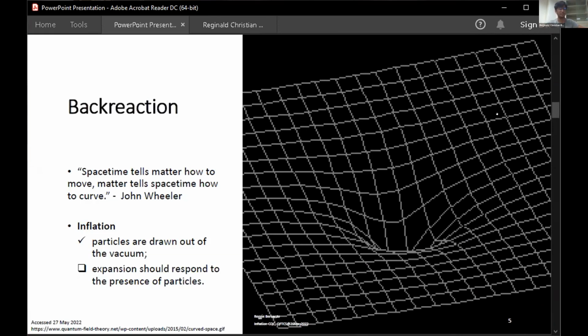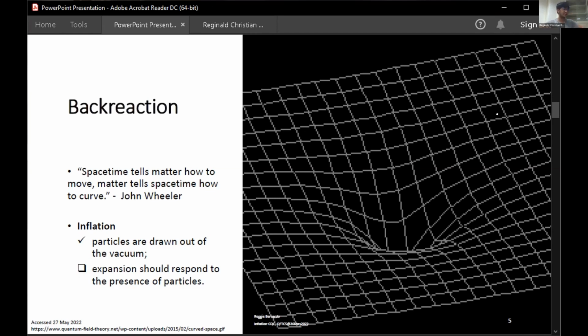And one of the most beautiful ways that captures this is by John Wheeler, when he said, space-time tells matter how to move, and then matter tells space-time how to curve. So then matter should also influence an accelerating expansion, despite how small it is. Of course, it matters how small it is.